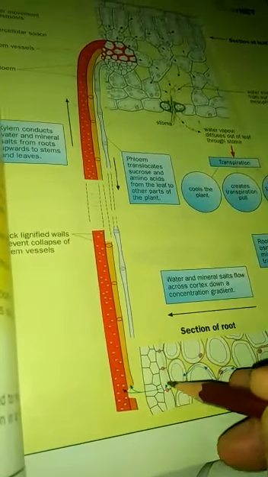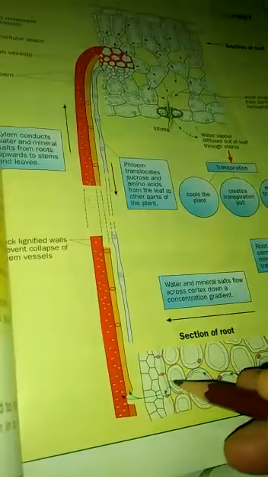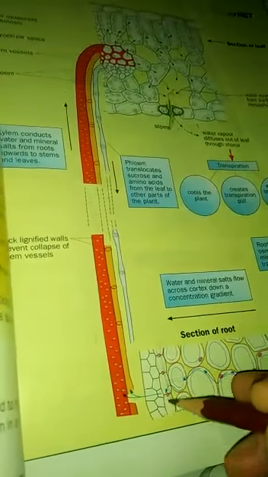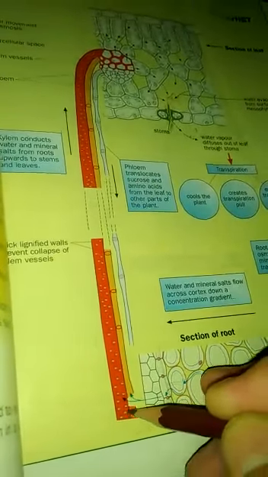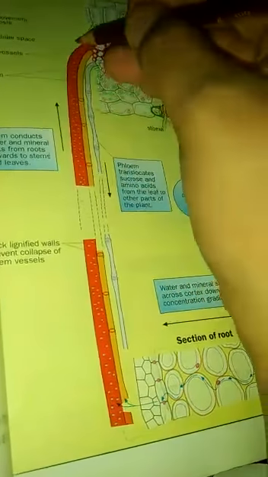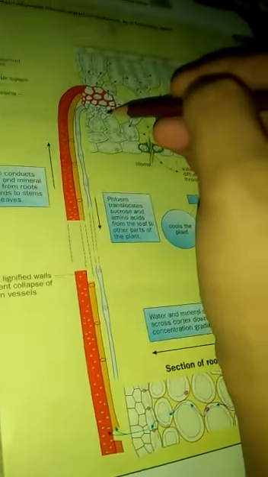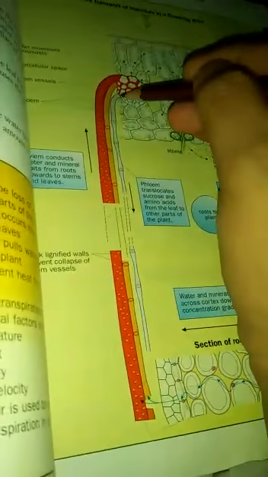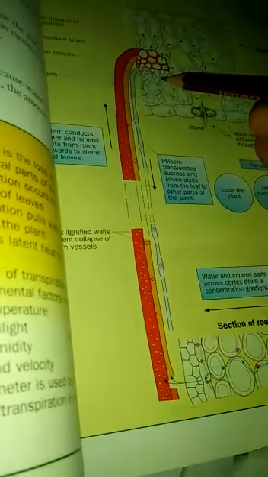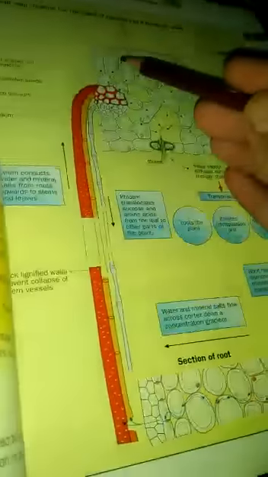With the help of xylem cells, water and mineral salts are transported to the leaves of plants, and with the help of phloem cells, the prepared food is transported from leaves to all parts of the plant, and these two types of cells are collectively called vascular tissues.